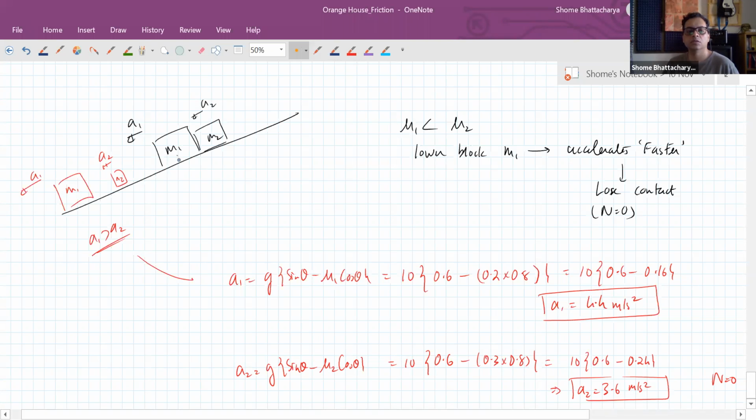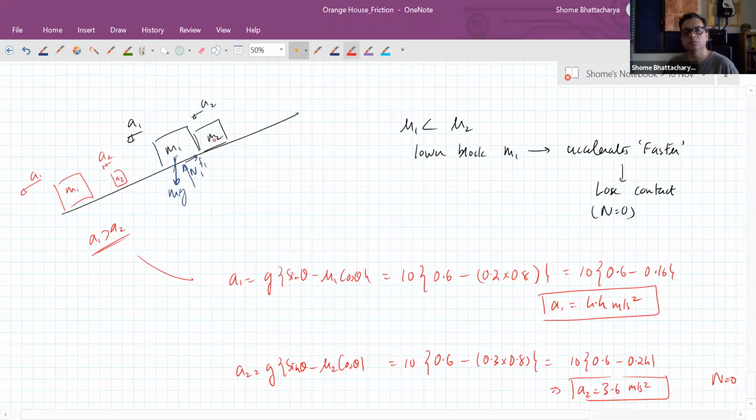There is only weight, this normal reaction, and friction acting on this block.